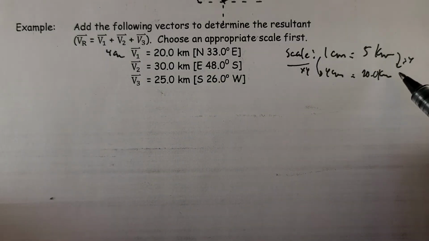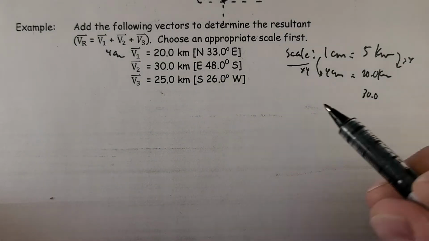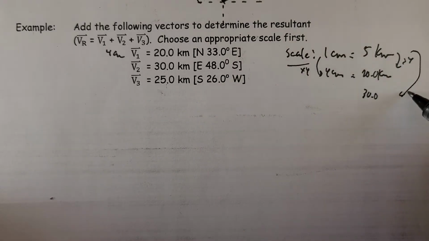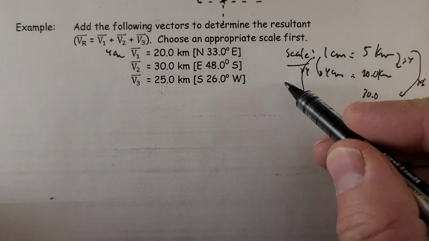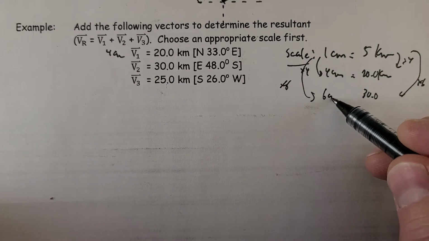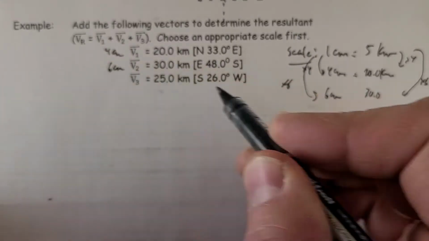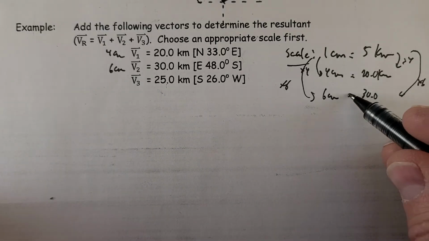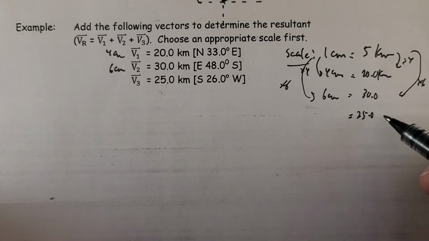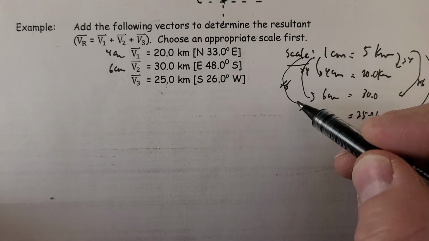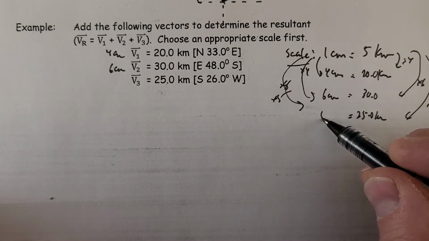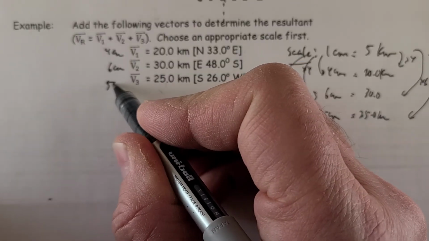And the next one, if I'm jumping to 30 kilometers, that's times 6, so I'd make that 6 centimeters. And if I'm making a 25 kilometer jump, that of course is times 5. So 1 times 5 is 5 centimeters.